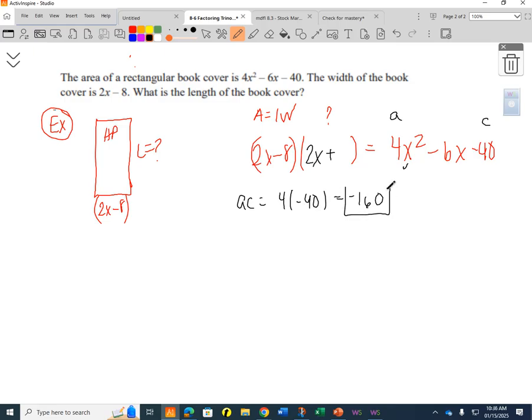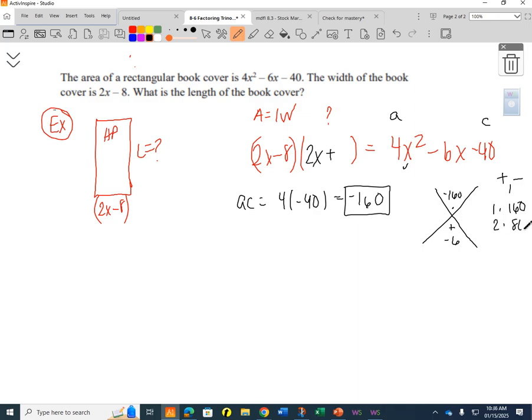AC is negative 160. I'm going to use that as my product. My sum is negative 6. So I need 2 numbers that if I multiply them together, I get negative 160, and if I add them, I get negative 6. Remember, since the product is negative, one of my factors has to be positive and one has to be negative. Okay? 1 times 160.